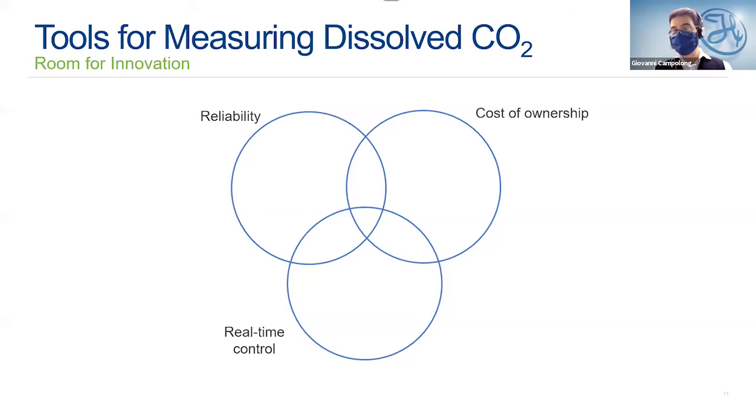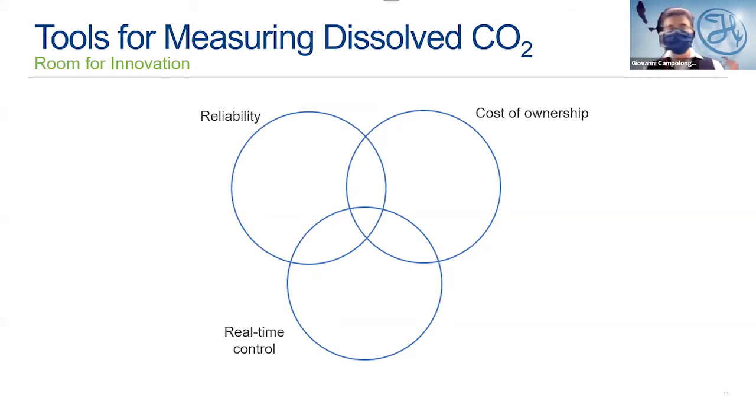It does need to have an affordable cost of ownership, because it doesn't bring anything if you have a very expensive technology to do your job when you cannot really afford it. And because we speak about control, and control for us means automated control loops, it has to be in real time because it has to go automatically. It has to be regulated automatically by the process controller of your bioreactor.